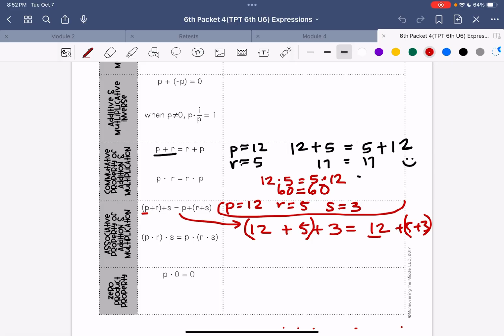It should give me the same thing. Doesn't matter which group of numbers I add first, if everything is addition between the numbers.